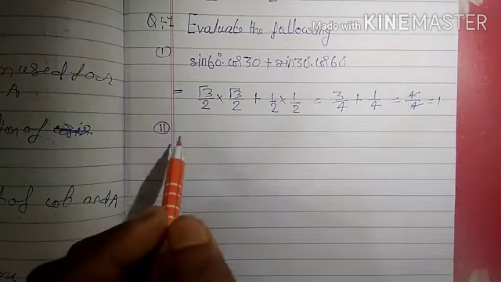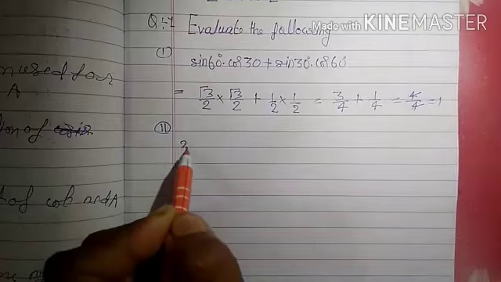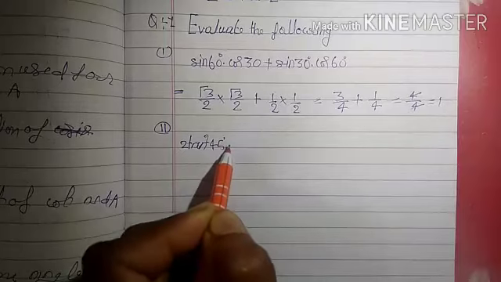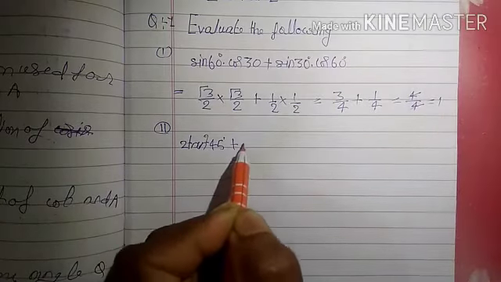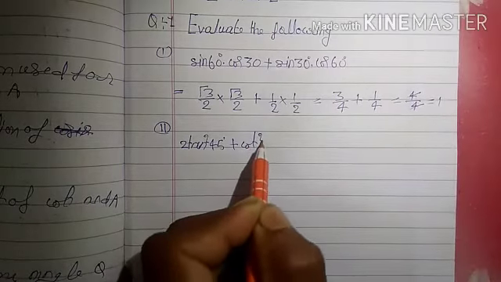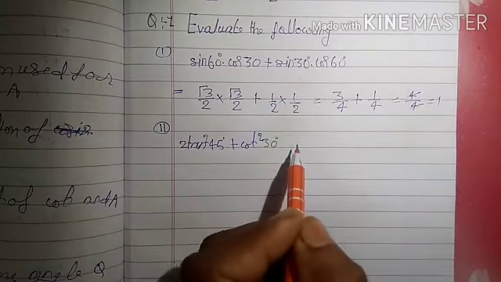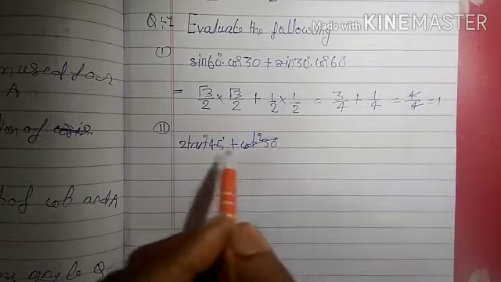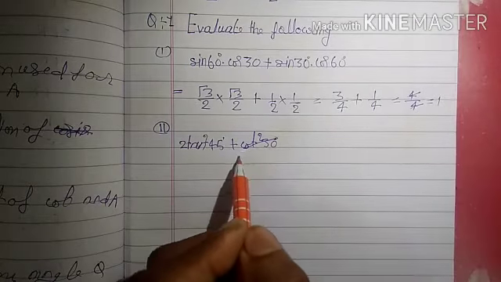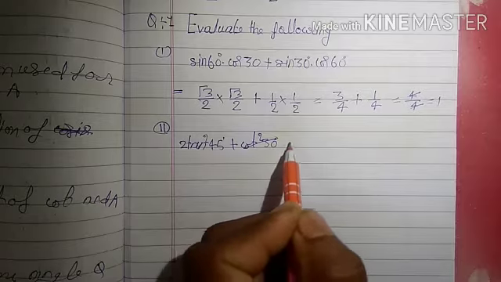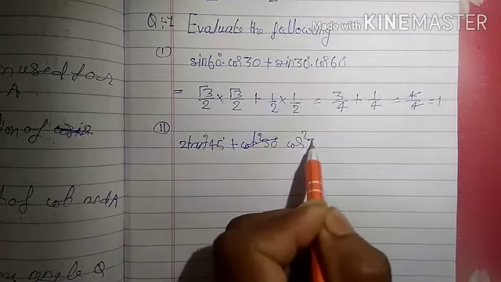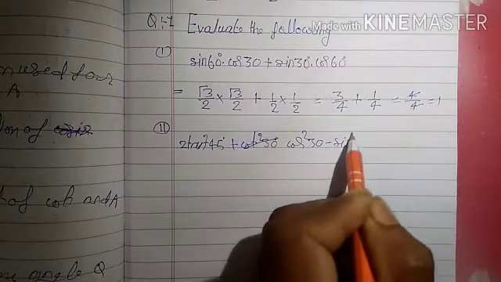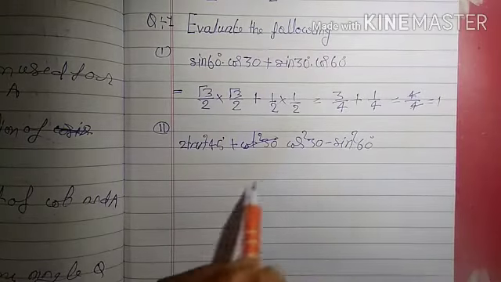That is 2 tan square 45 degree plus cot square 30 degree, sorry, cos square 30 degree plus cos square 30 degree minus sin square 60 degree.